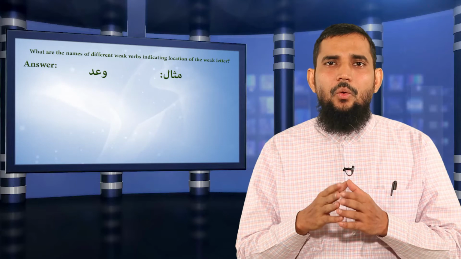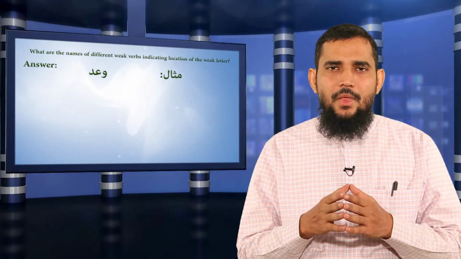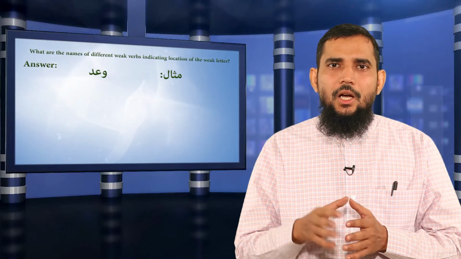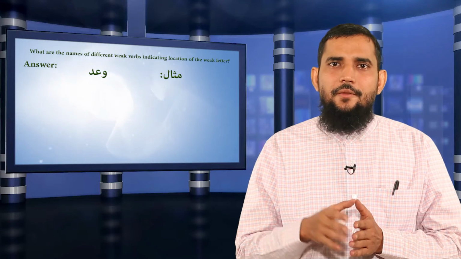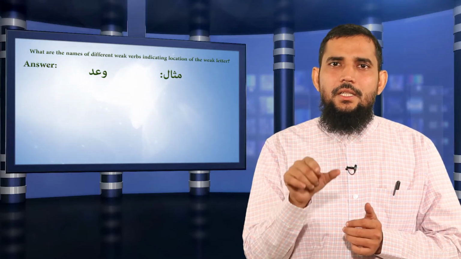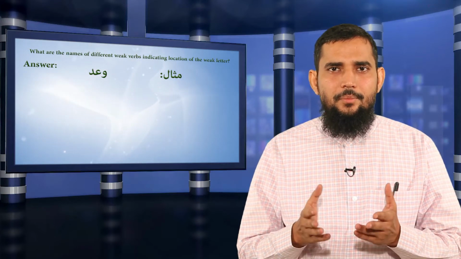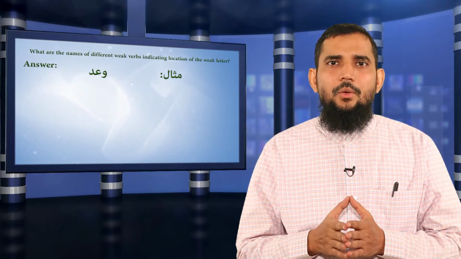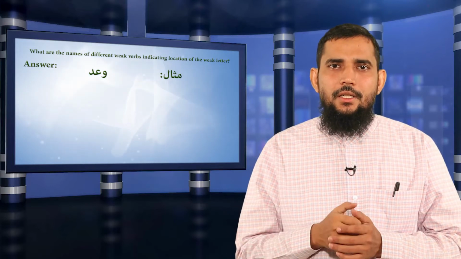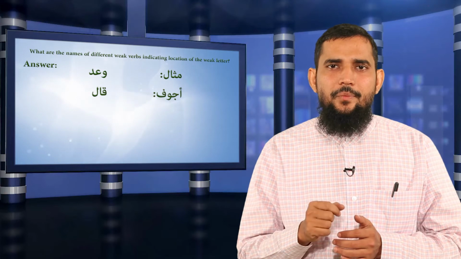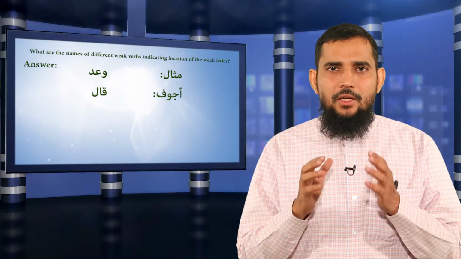For example, wa'ada, wasafa, waza'a. All these three are mithal, because the first radical of all these three verbs is a weak letter. Now, if the second radical is a weak letter, for example qala, for example ba'a, we will call it ajwaf.